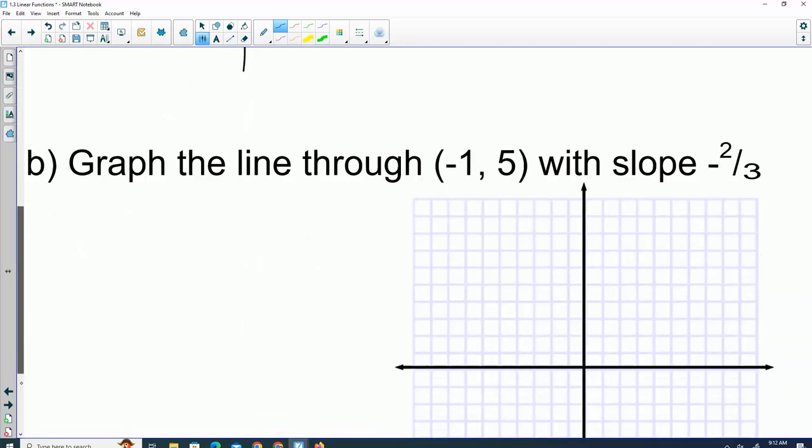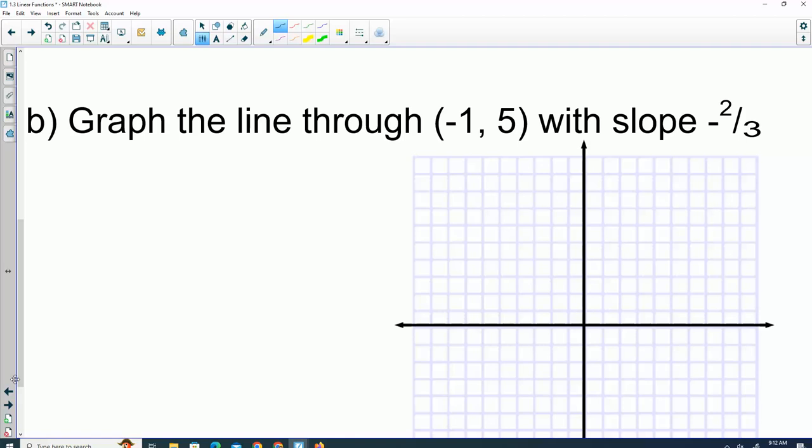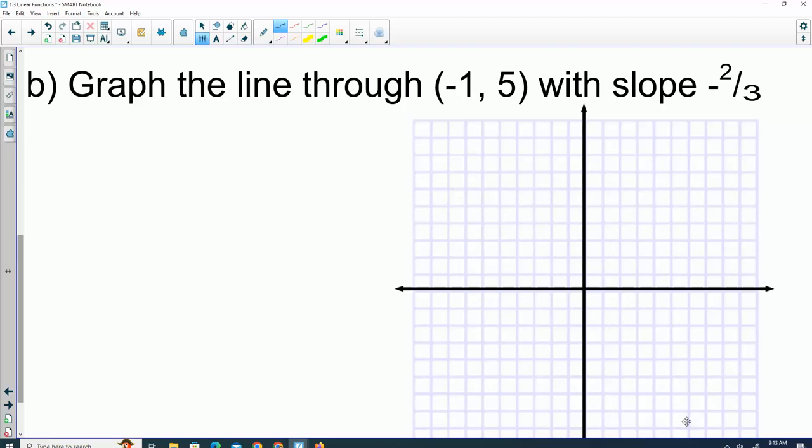You guys do one. So sketch me the graph meeting these requirements. Slope is -2/3, so you can go down 2 and right 3, or up 2 and backwards 3.